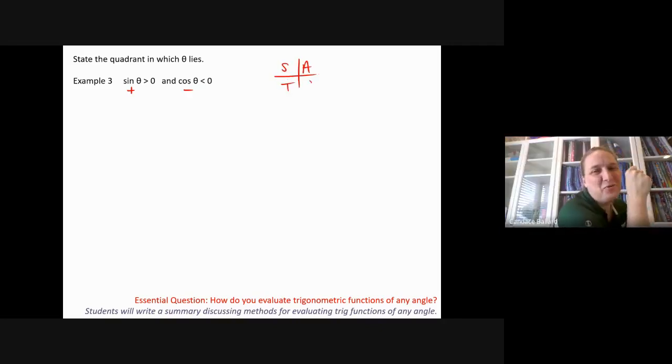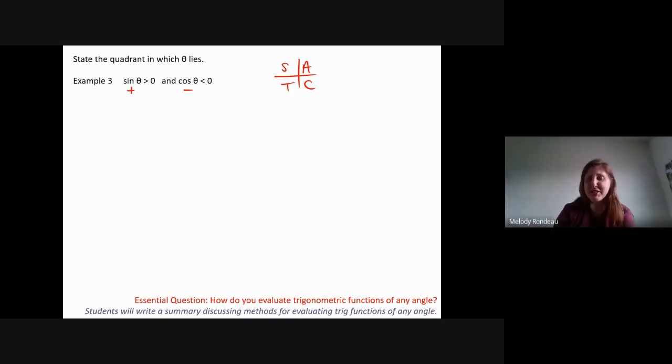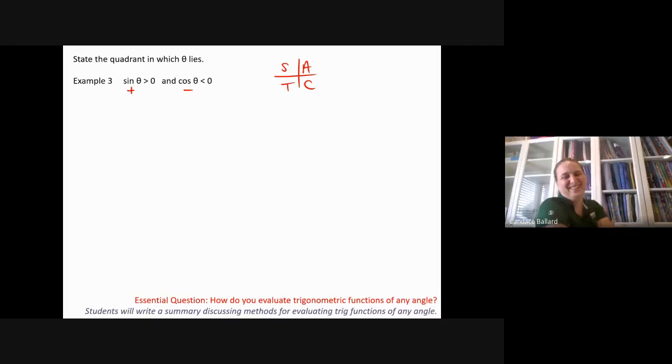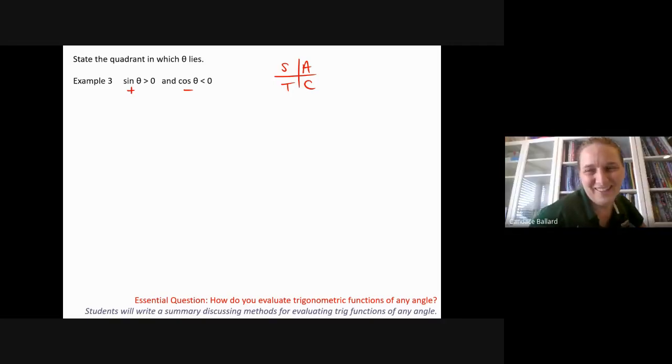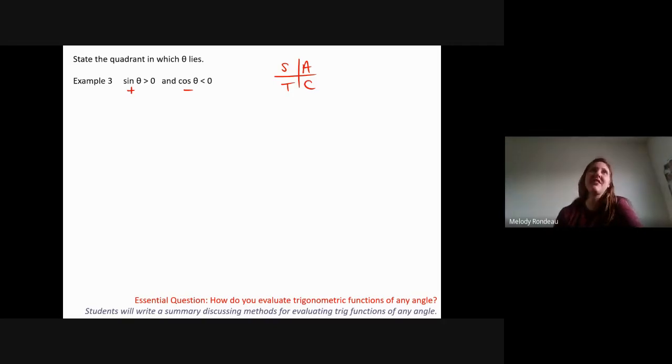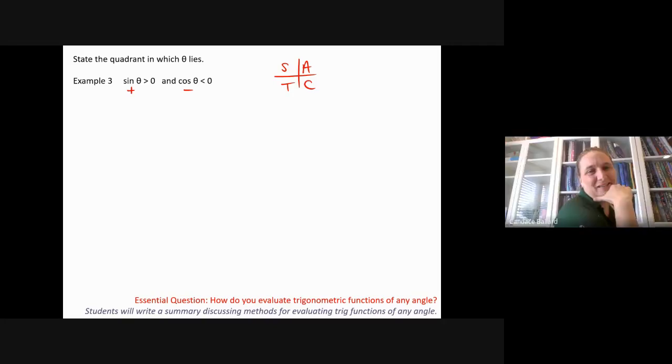Is reversely a new word, Miss Rondeau? Yes. I just make up stuff right and left. Just ask my students. I just say whatever I want. It might be, is it conversely? I don't know. I don't know my geometry that well anymore. I honestly don't remember. I knew it once upon a time. I think it's conversely. I think that's it. Because it's not the contrapositive and it's not the inverse. Oh, yeah. No, it is the inverse. It's inversely.